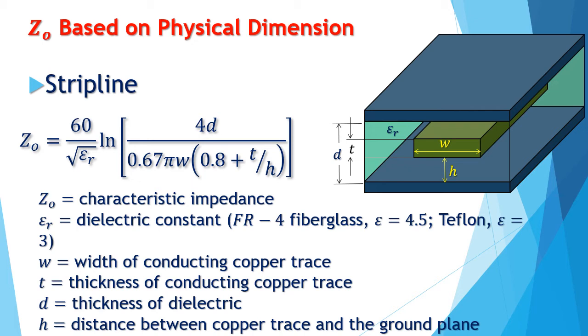Now as for these variables, Z sub O, of course, it's the characteristic impedance. Epsilon R, the same as before, it's a dielectric constant. In this slide, there are a few of the most commonly used dielectric for the strip line.